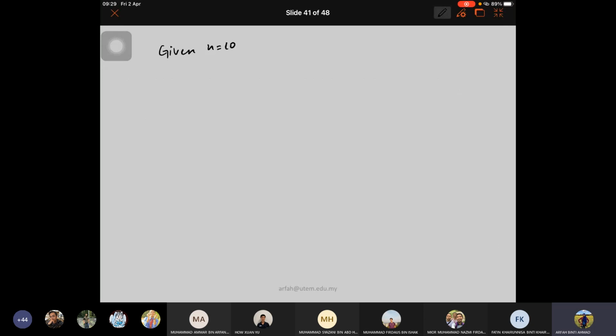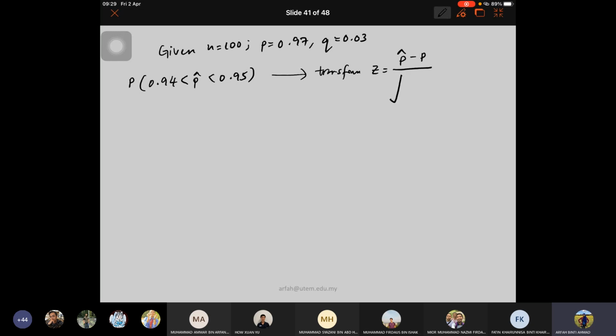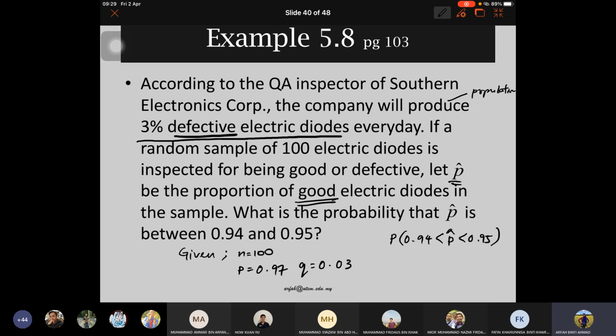Given n equals 100, P equals 0.97, the population proportion, and Q equals 0.03. You transform to Z equals P hat minus P over the square root of PQ over n.